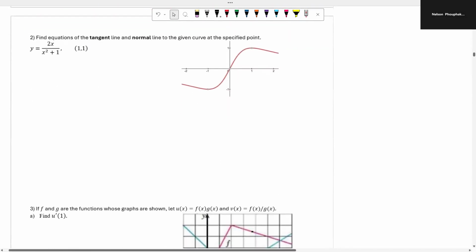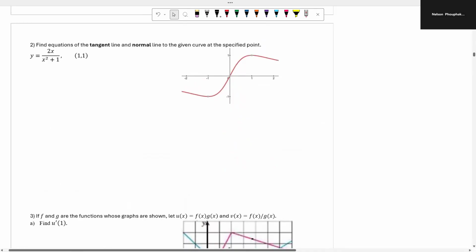Okay, so now let's see how we actually use this product rule and also the quotient rule to work with the applications. Again, if the problem asks me to find the equation of the tangent line and the normal line, how do we actually work it out?